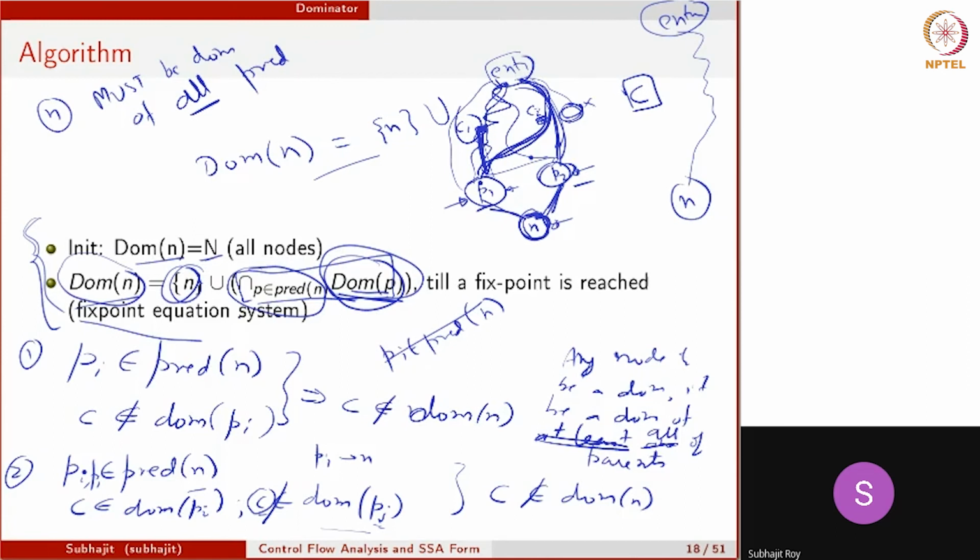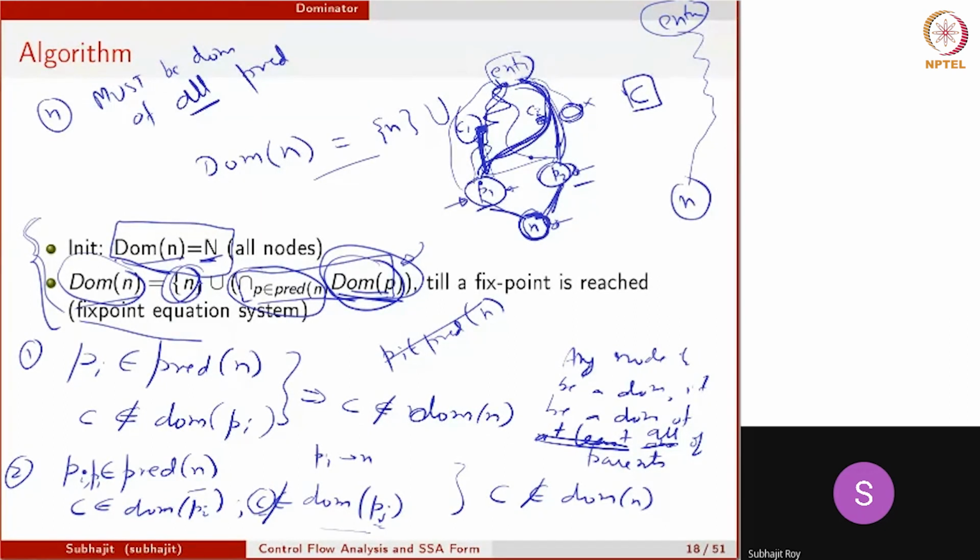It's very simple. You start with a good initialization set. In this case, an initialization set of n works. And what you keep on doing is applying these equations to all the nodes again and again. If a fixed point exists, if a solution exists, then sometime or the other it will converge.